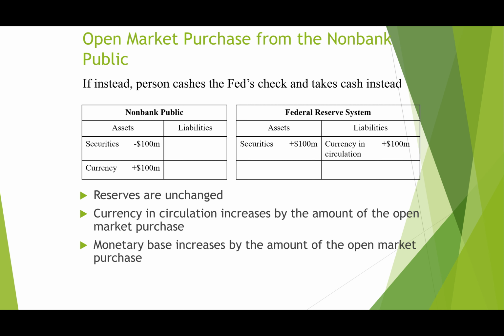It would be the individual, obviously a very wealthy individual, because they've got 100 million in bonds to sell to the Fed. Let's now think about this in terms of the monetary base. Monetary base is currency plus reserves. Reserves haven't changed in this instance, but currency has gone up by 100 million. So the monetary base has gone up by the same amount, 100 million.